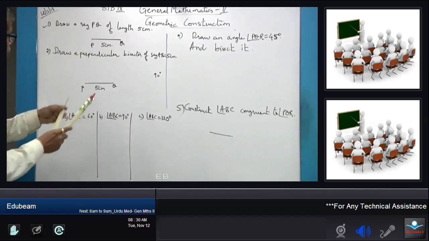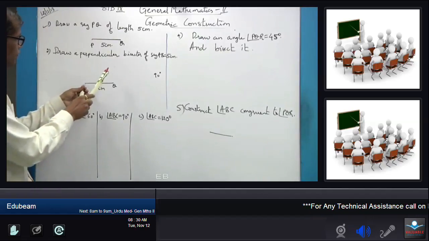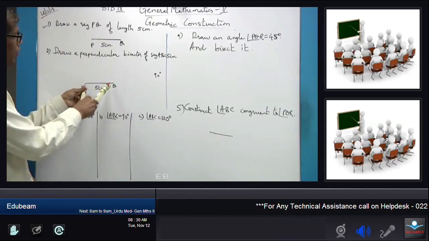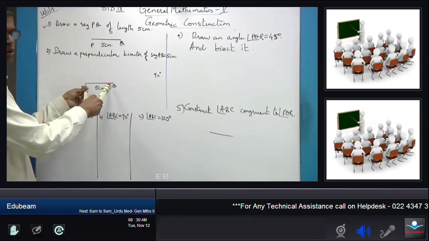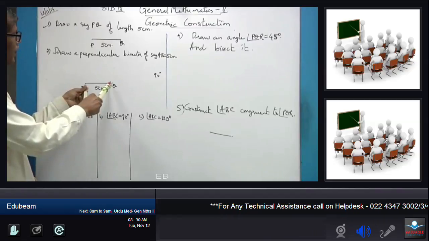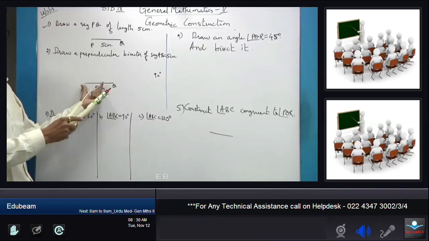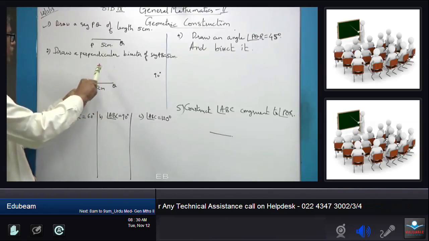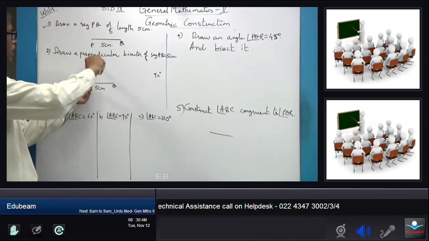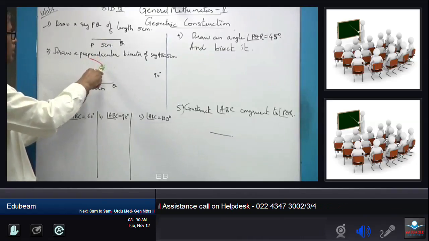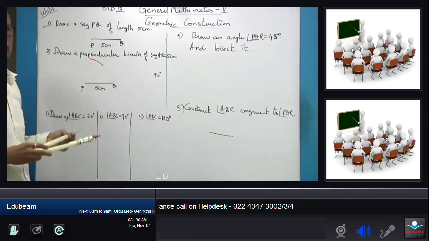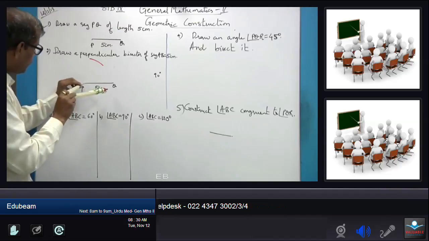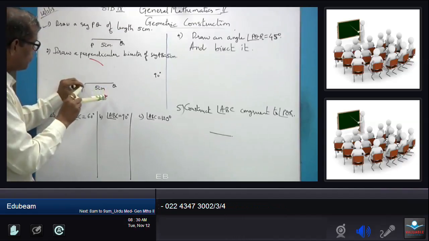When you cut it, you will get this as perpendicular as well. So this is the second part of your second question, and two parts you are going to do. The first one as it is, and the second one is the perpendicular. Take the next one.